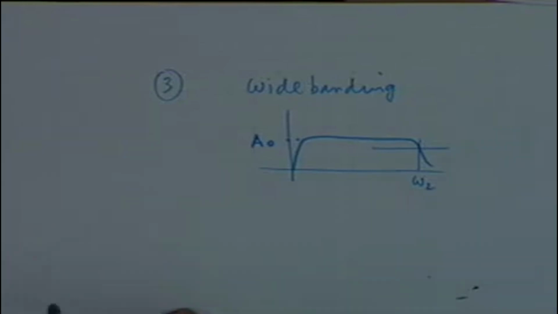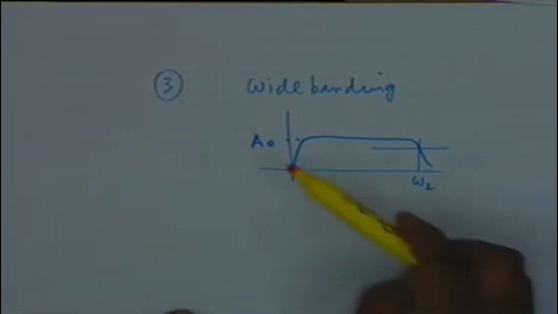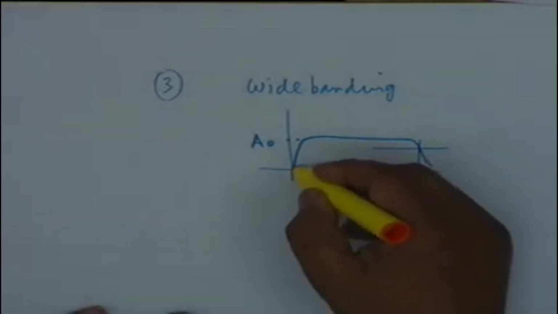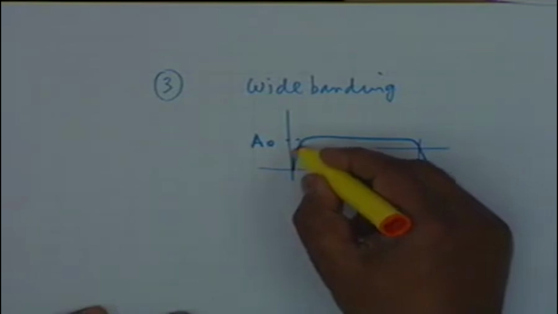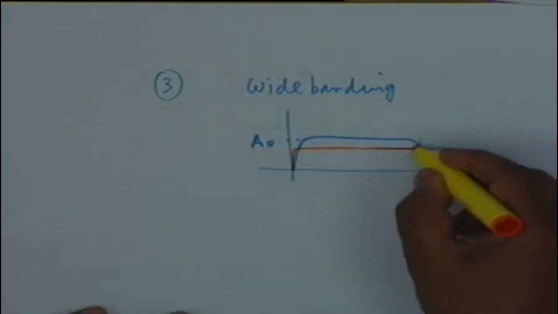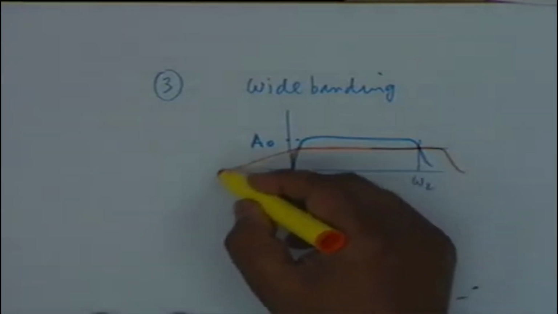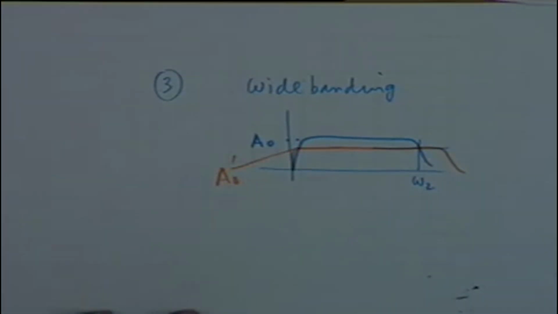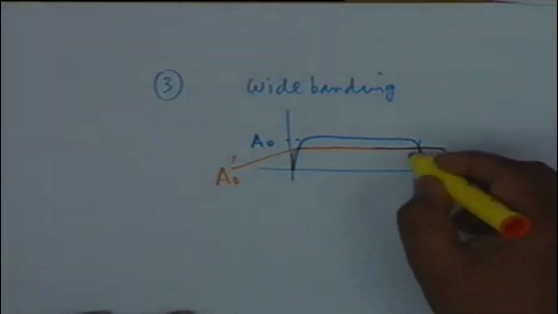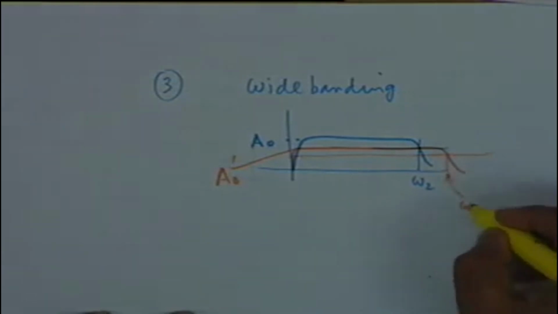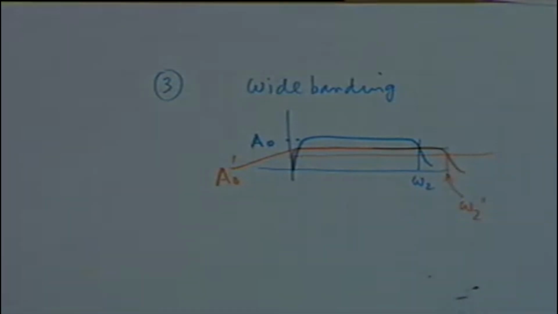If you have an RC coupled amplifier, for example, with a mid-band gain A0 and an upper cutoff frequency omega 2, if you apply negative feedback, then what happens is the curve modifies to something like this. Naturally the gain reduces, the mid-band gain reduces, but the upper cutoff frequency increases. Omega 2 prime is greater than omega 2.